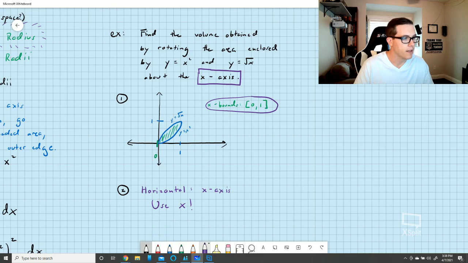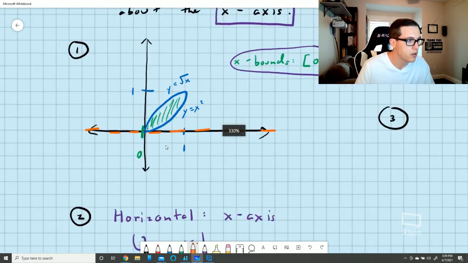All right, step three. How many radii? Here's the new part. You see what we're rotating about the x-axis? Is the entire shaded area, if I go from the shaded area down to the dotted line, do you see any blank space? Yes. This is always hard to classify for students.